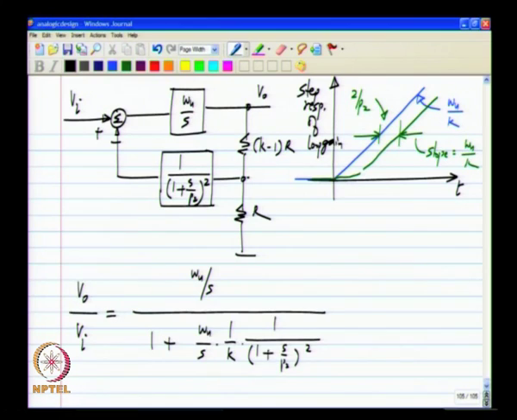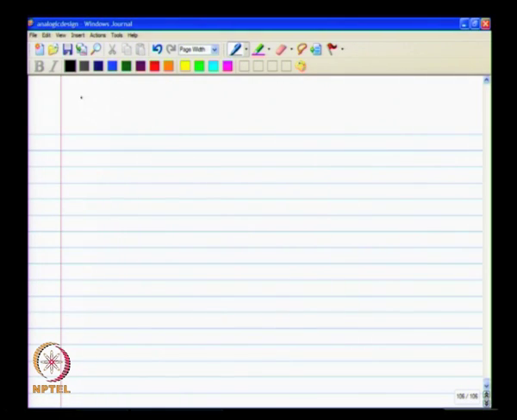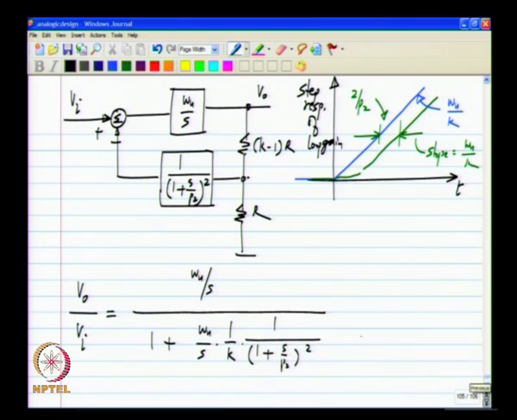By writing out the variables around this loop, you will be able to work out this, and this can be rewritten in the standard form by multiplying by 1 plus S by p 2 square times S by omega u by k.